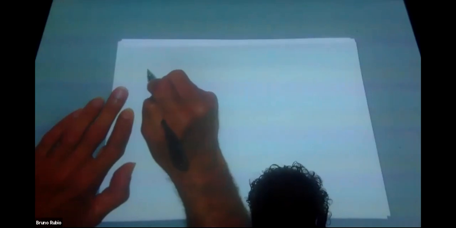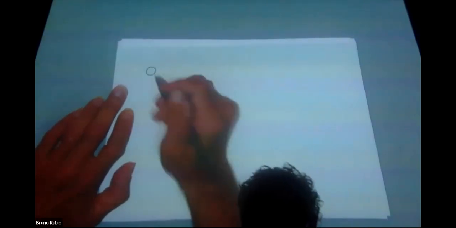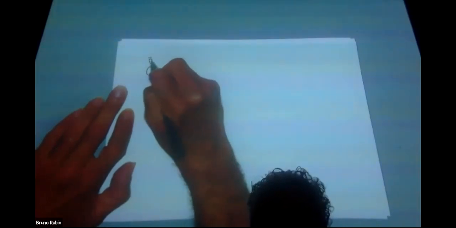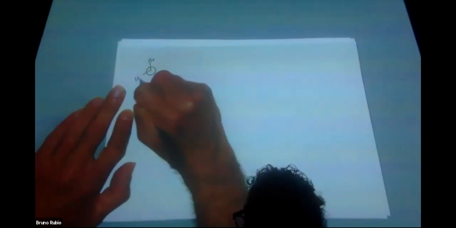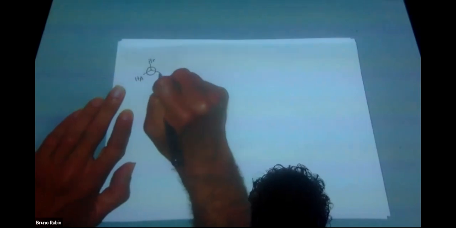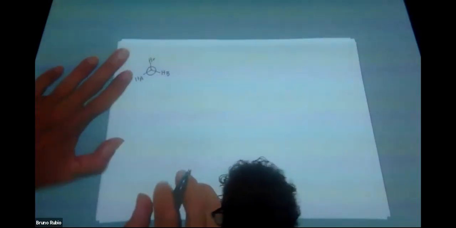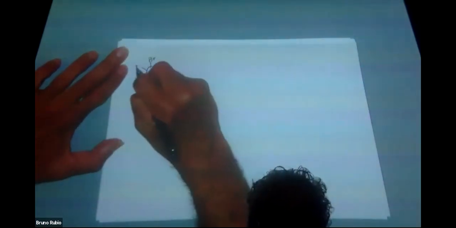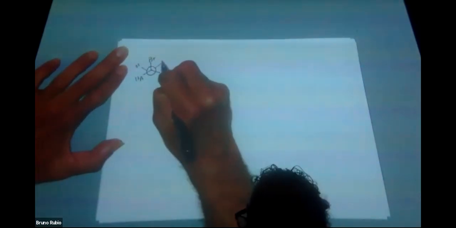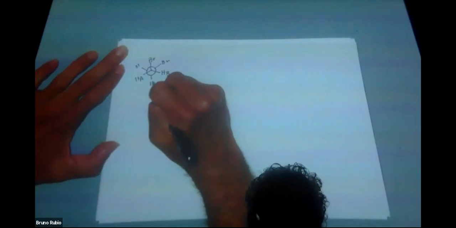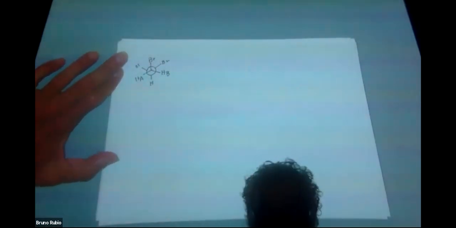So let's look at our three Newman projections once again. But this time, let's look at a situation where a chirality center is present. So my CH2 group, I'm going to put up here. And now that carbon in the back, I'm going to make that a chirality center. Cl there, Br there, and H there. So now I have a chirality center.